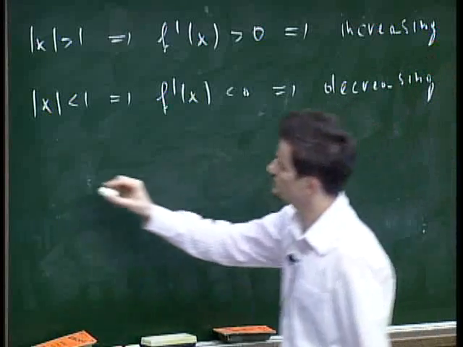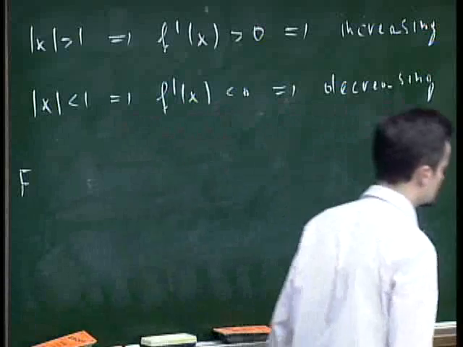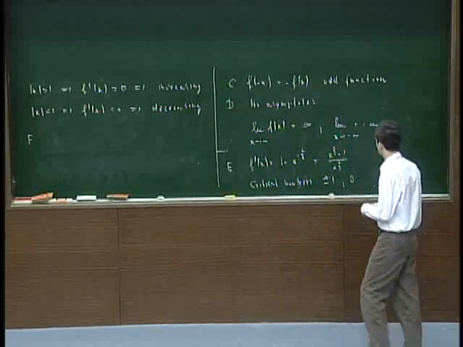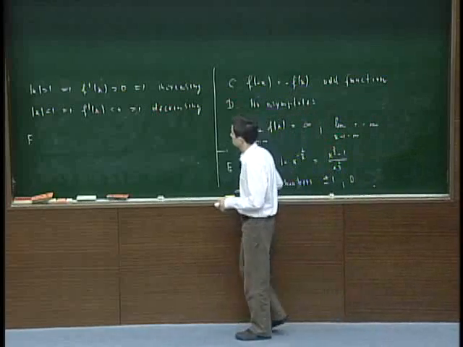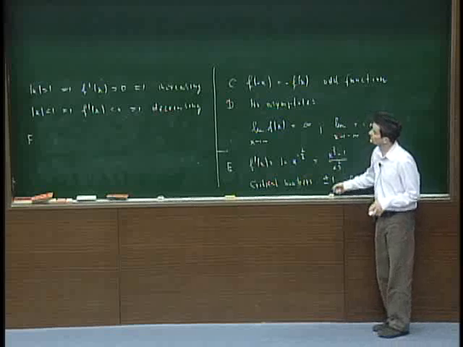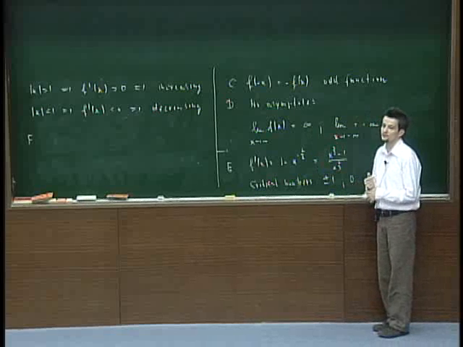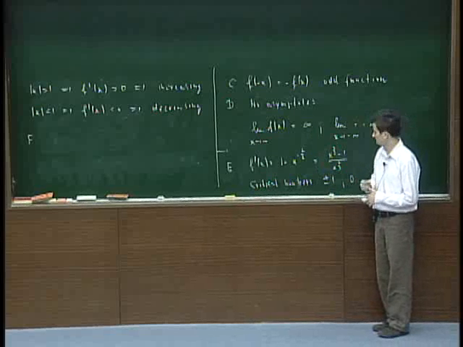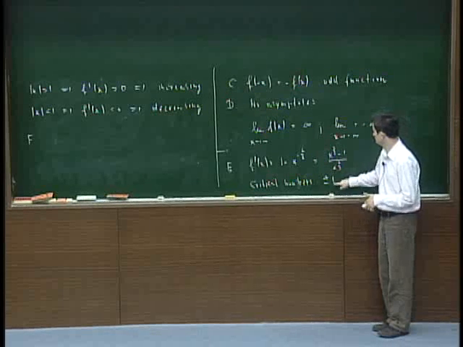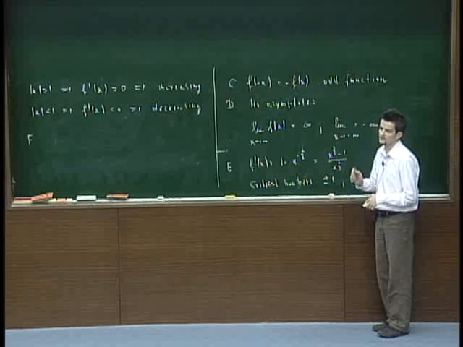Now we can discuss whether at the critical points we have local extrema or not. At the points plus and minus 1, the monotonic behavior of the function changes. At minus 1 it changes from increasing to decreasing, and at plus 1 from decreasing to increasing.